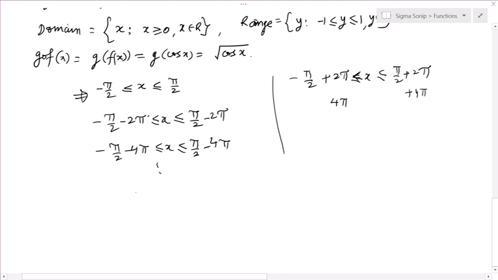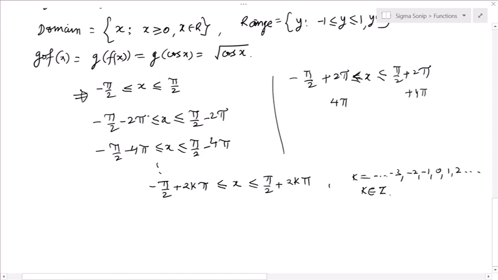So I could write all this as -π/2 + 2kπ less than or equal to x less than or equal to π/2 + 2kπ, where k is -3, -2, -1, 0, 1, 2, and so on, which basically means that k is an integer.